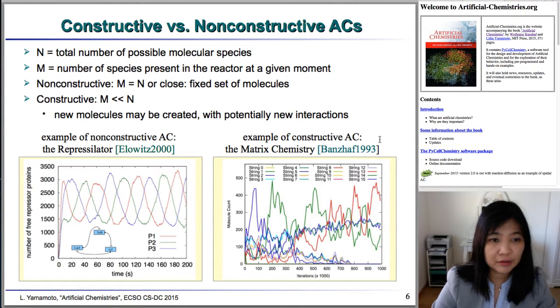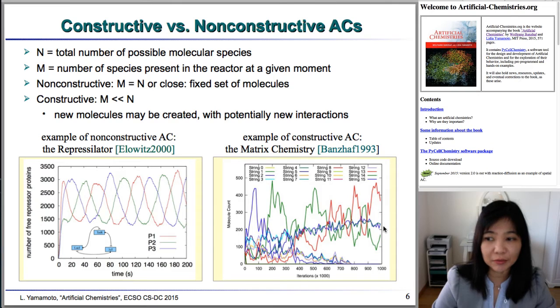In contrast, a constructive chemistry, like the matrix chemistry, in which the molecules are binary strings that fold into matrices that multiply each other, you can show that suddenly new molecule species emerge, but then they die out and go extinct, and so on, until maybe a core of molecular species survives that forms a closed and self-maintaining organization.